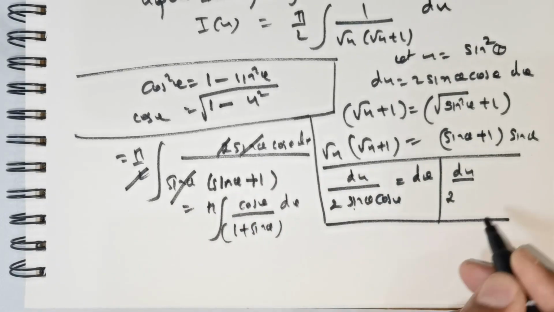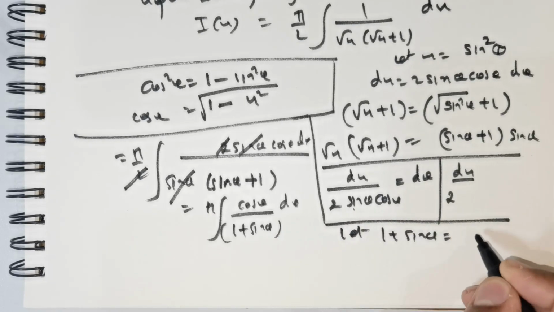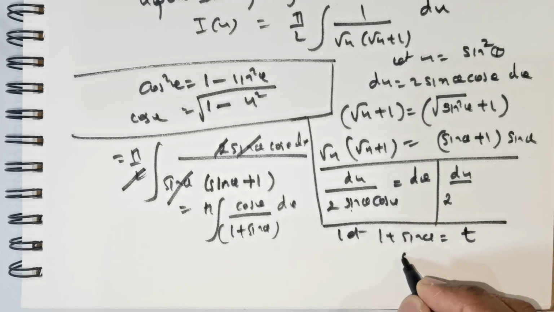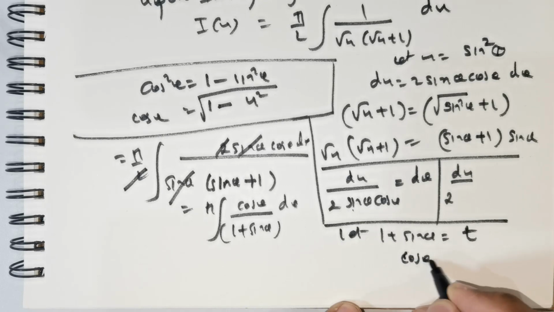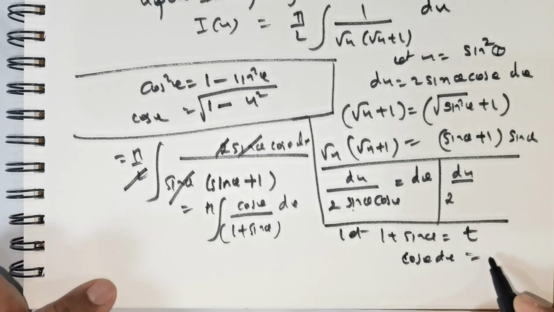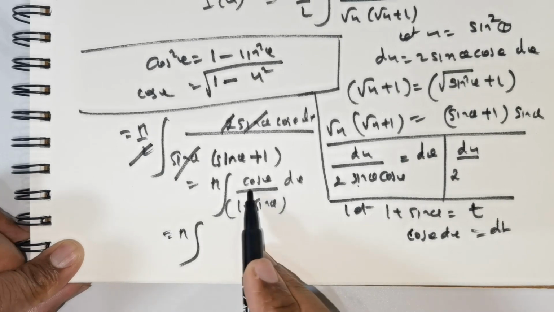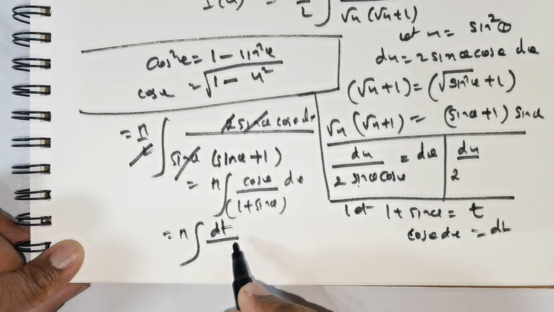Now if I were to take another substitution, let 1 plus sine theta be equal to some t, and the differential of sine theta is cos theta d theta. So this is equal to dt. If we substitute it here, cos theta d theta is going to be dt, and 1 plus sine theta is t.